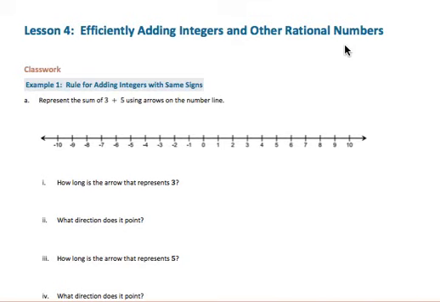We're going to represent the sum of 3 plus 5 using arrows on the number line. Starting at 0, we would first go to 3. And then from 3, we would go another 5.